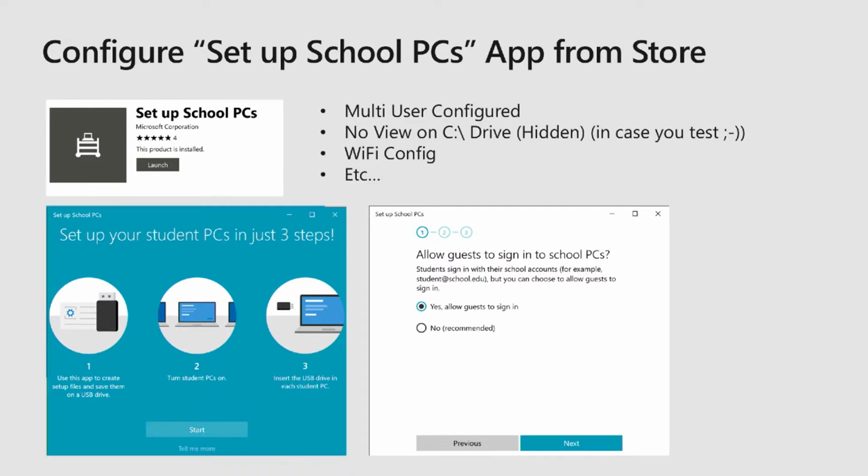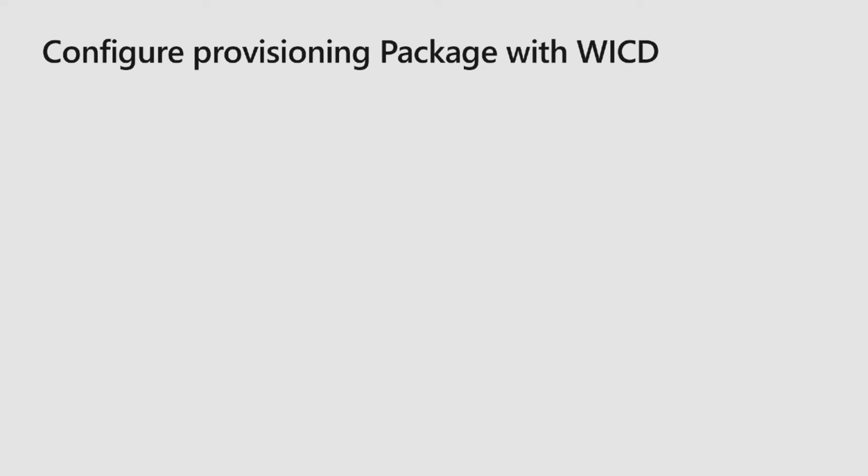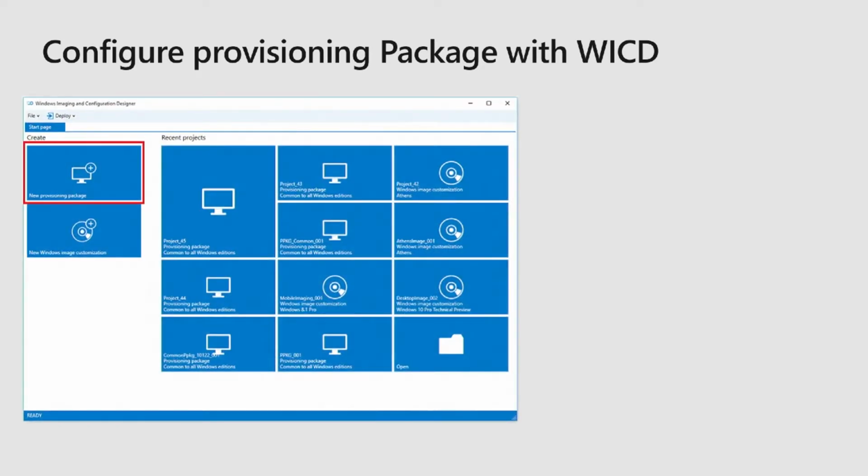But if you want to do a little bit more extended, there is also the big version. It's in the ADK, the Assessment and Deployment Kit, where the boot images are also in. It's called WICD, the Windows Imaging and Configuration Designer. And here you also have a wizard that you can easily go through, and through those steps it's pretty simple.